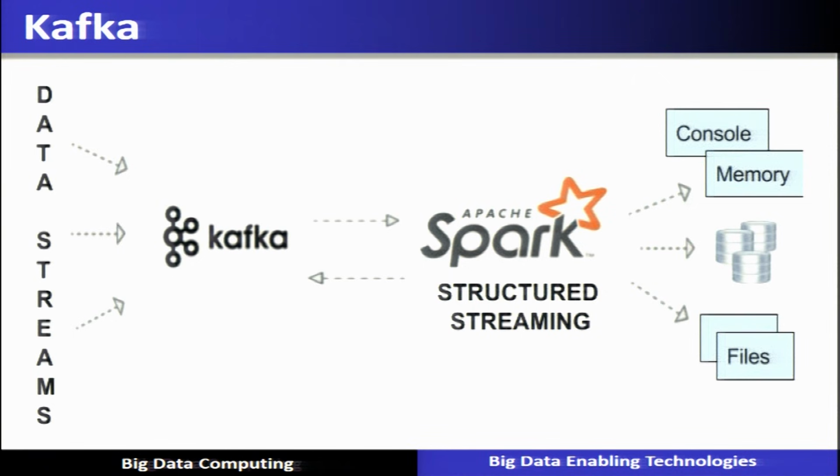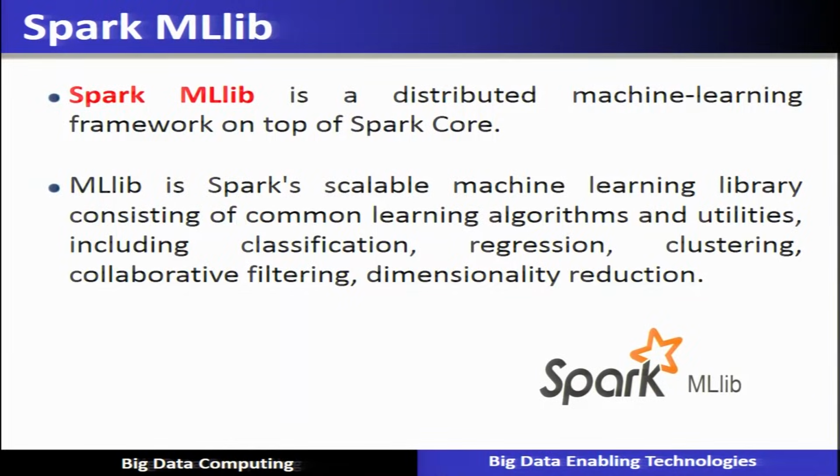The next project is called Spark MLlib. Spark MLlib is a distributed machine learning framework on top of Spark Core. MLlib is Spark's scalable machine learning library, which consists of common machine learning algorithms and utilities such as classification, regression, clustering, collaborative filtering and dimensionality reduction.